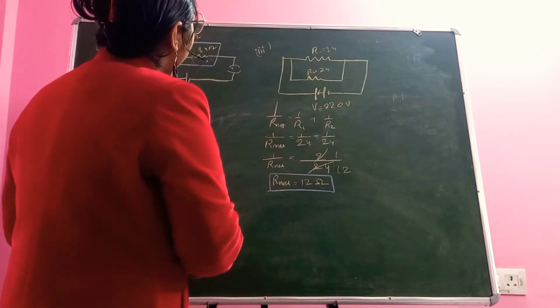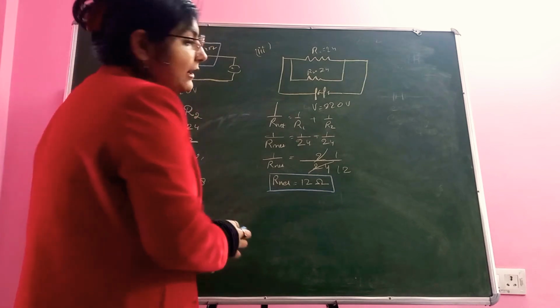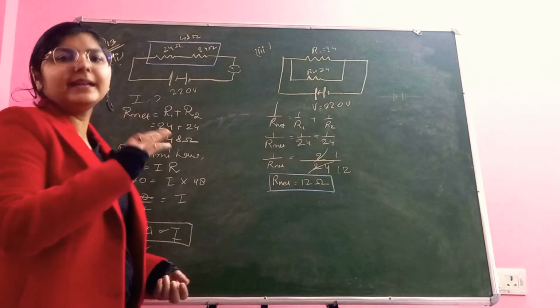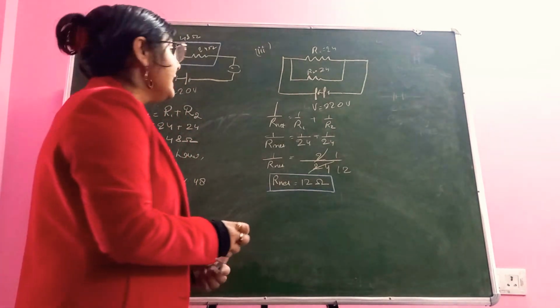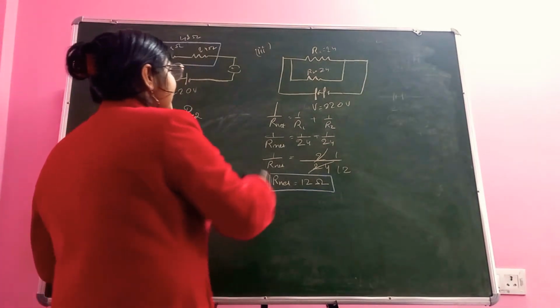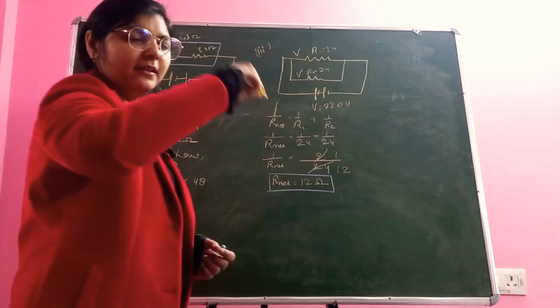But what you have to calculate? You have to calculate the value for I. आपको करंट निकालना है. तो करंट निकालने के लिए हम जानते हैं कि पैरेलल की जब बात की जाए तो V यहां भी सेम रहता है, यहां भी सेम रहता है.